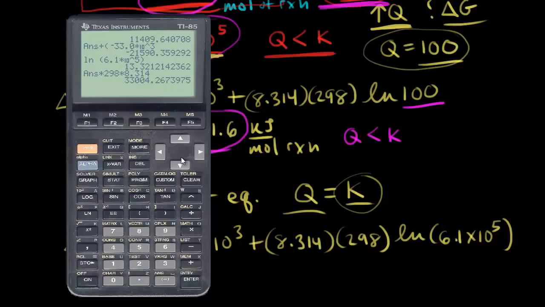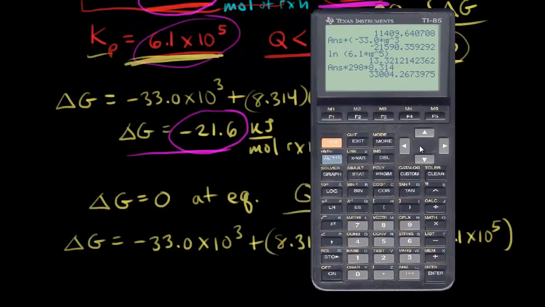So we get positive 33 kilojoules, or 33.0 times 10 to the third.